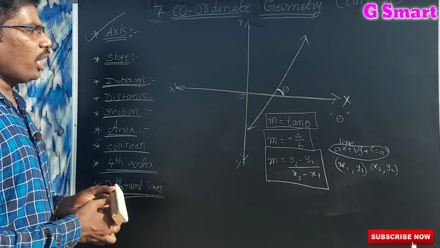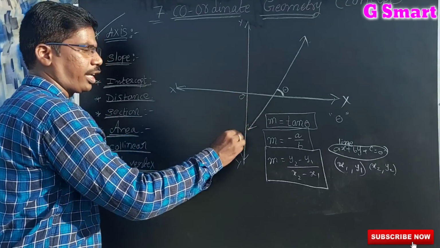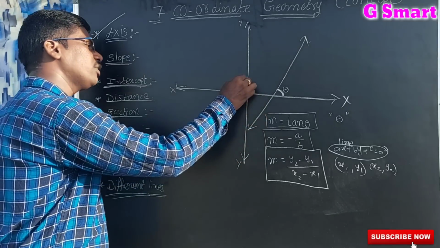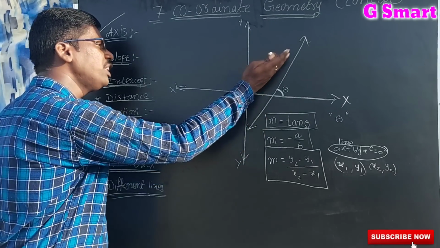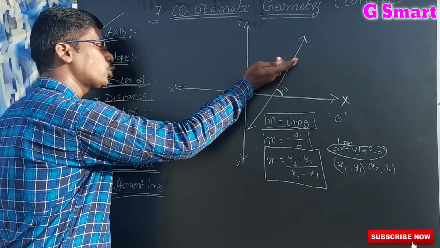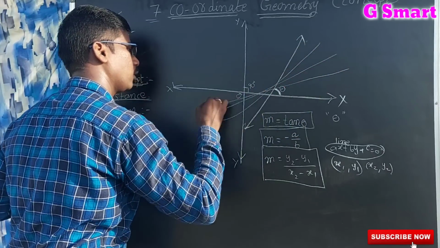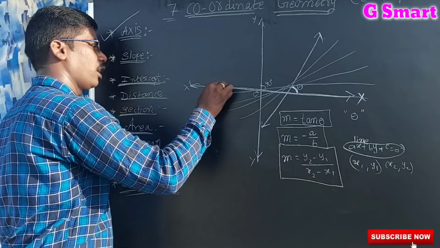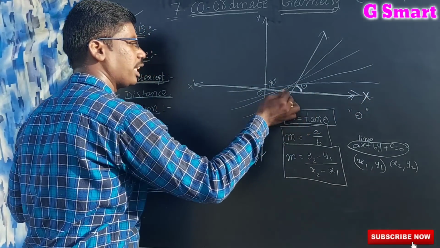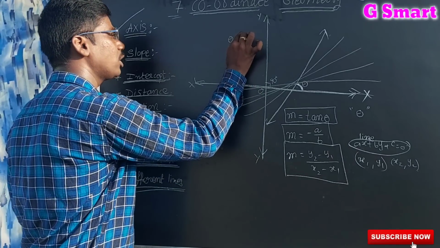Now we are going to discuss the slope of the x-axis and slope of the y-axis, isn't it? The x-axis and y-axis are perpendicular to each other, we know very well. If this line is close to the x-axis like this, sometimes the line is coincident with x-axis, then the angle will be 0, theta is equal to 0 degrees.